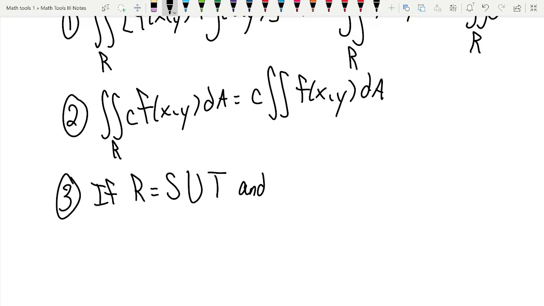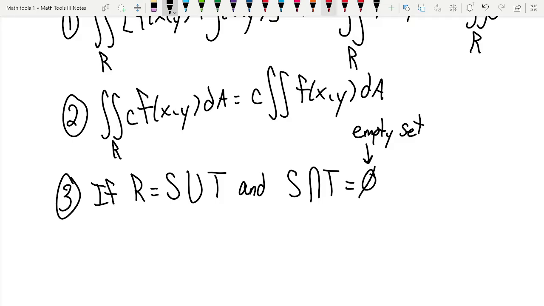Basically, R needs to be able to be decomposed into two sets, S and T, which are separate, which is shown by this right here, which is that S intersecting T is the empty set. Okay, well, it's the set with no elements. So in other words, S and T do not share any elements in common.